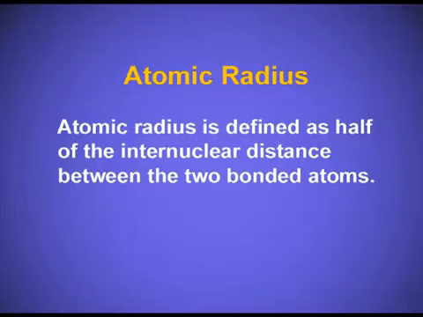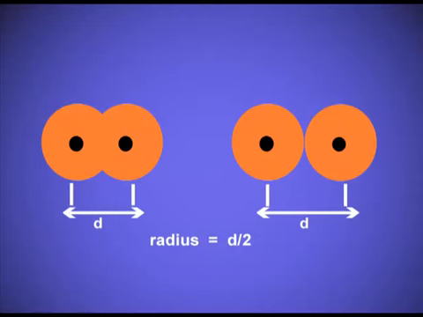Atomic radius is defined as half of the internuclear distance between the 2 bonded atoms. The atoms can be bonded through a covalent bond, an ionic bond, or it can be a metal. When it is covalently bonded, we say it is a covalent radius, and when it is a metal, we say a metallic radius.